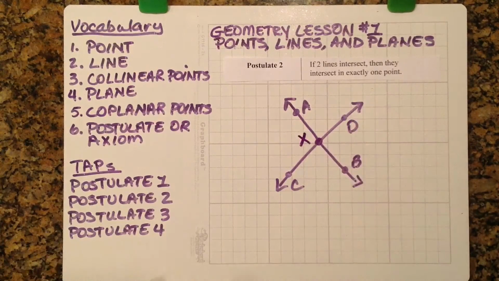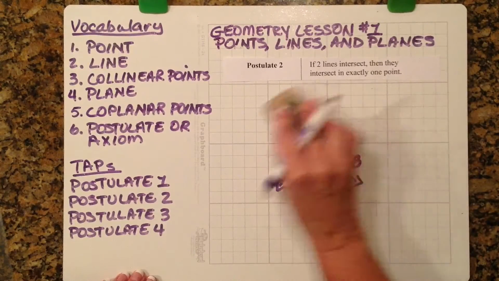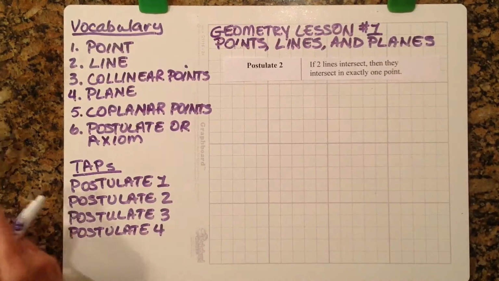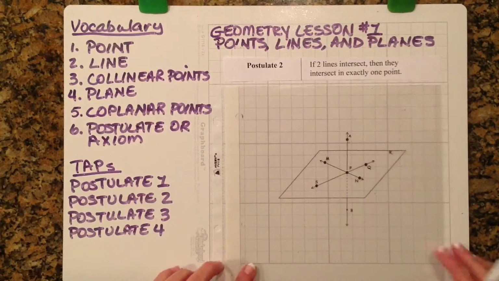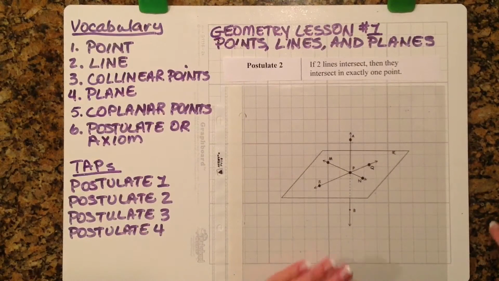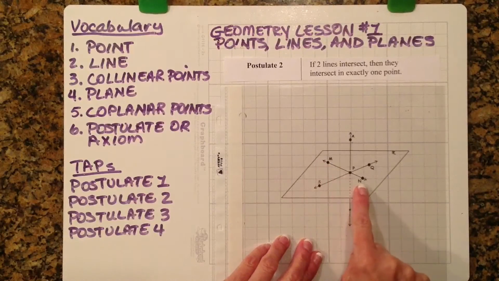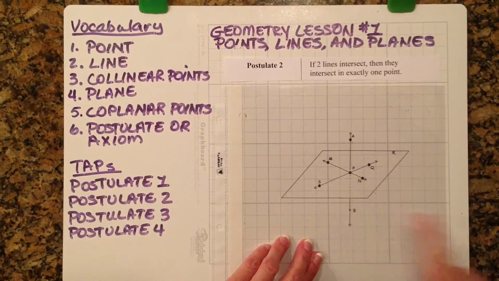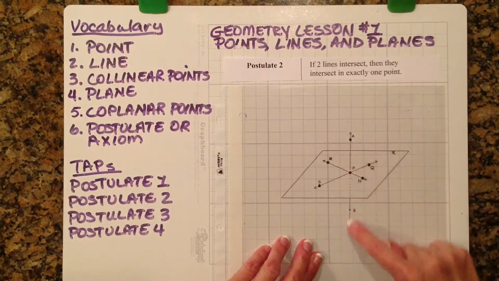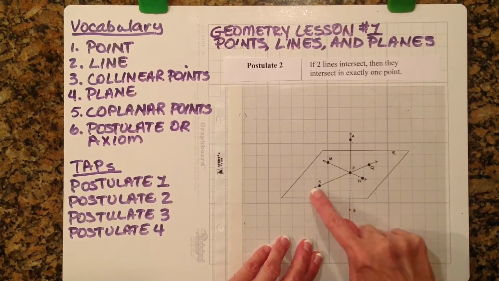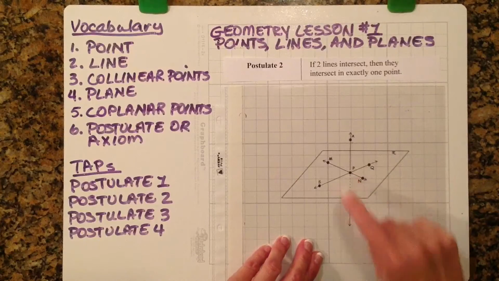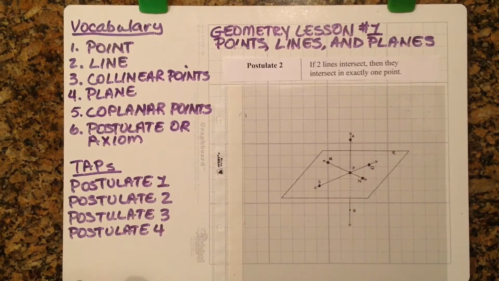And let's just name that X. They always do that. So let's look at our little example. It's printed off. If you notice here, lots and lots of examples here. Line MN and line SQ intersect right at P. Line AB and line SQ intersect right exactly at P.